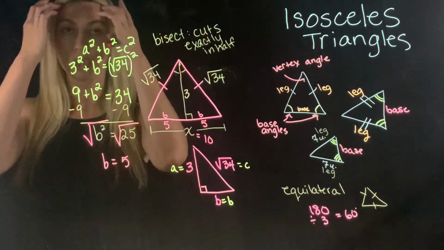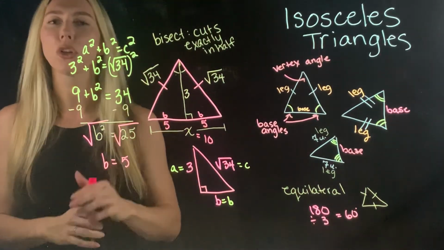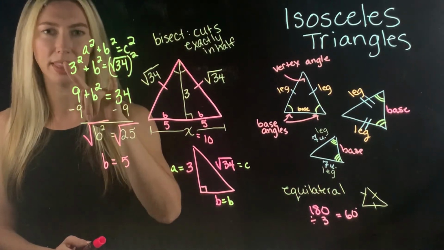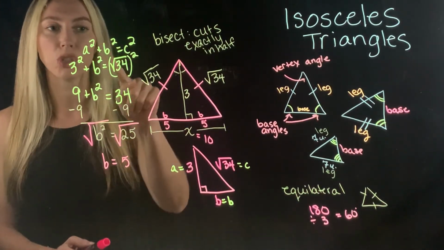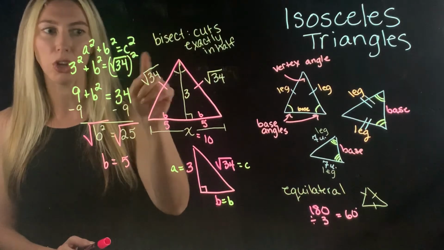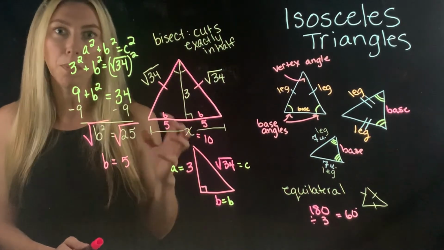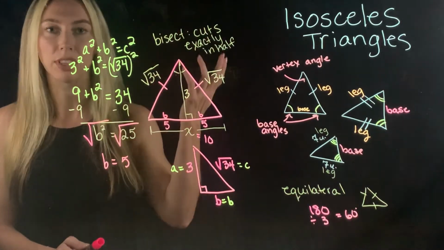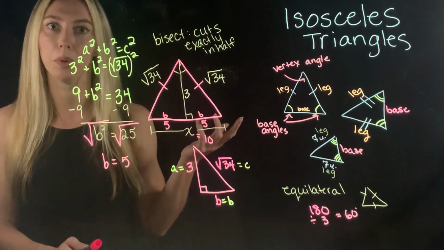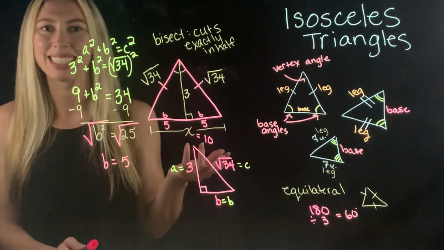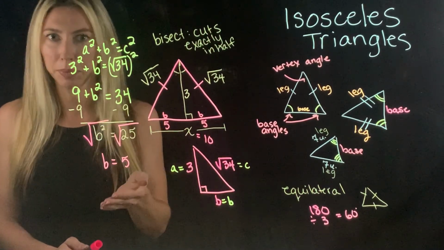If you're struggling with those, just make sure you feel really confident about the Pythagorean Theorem and doing that, as well as just don't let this part kind of scare you. When you see these square roots, a lot of times you just feel a little bit uncomfortable because maybe off the top of your head you don't know what the square root of 34 is. But I mean, the square root of 36 is 6, and you probably know that.